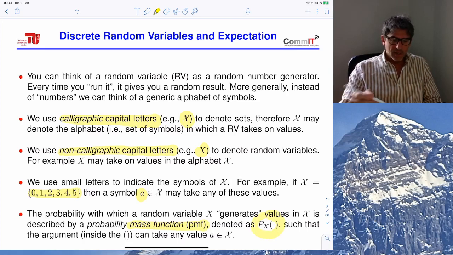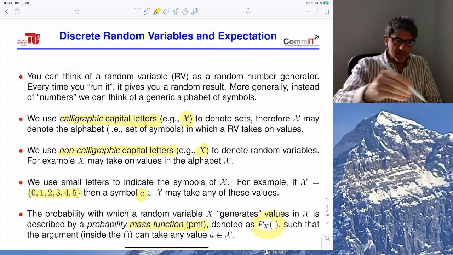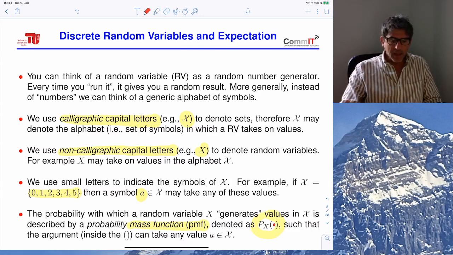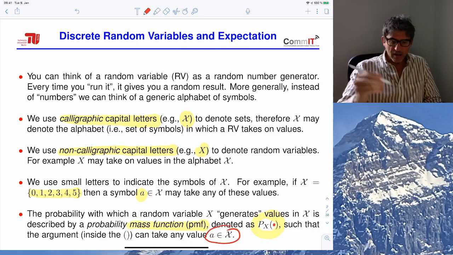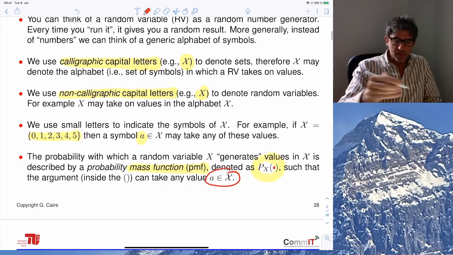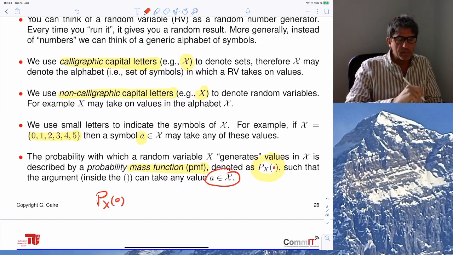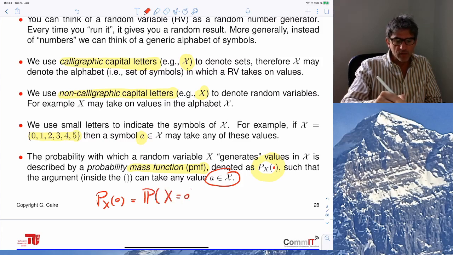P sub X. Now the argument, instead of this dot here, can take any value inside the alphabet. So we are going to have, for example, P sub X of 0 will be the probability with which my random variable takes on the value 0.